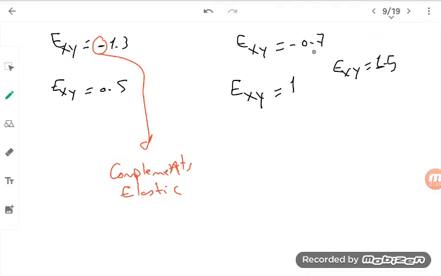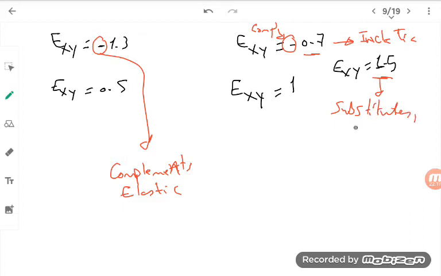If it is negative 0.7, negative means they are complements. 0.7 means that the demand is inelastic. Positive 1.5, so the two products are substitutes, and the demand is elastic.